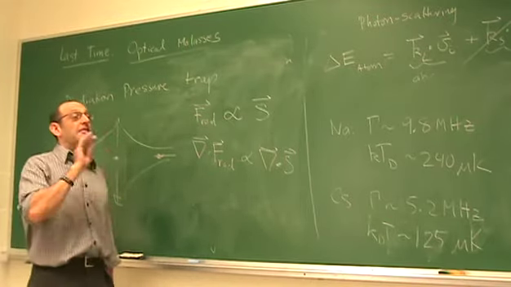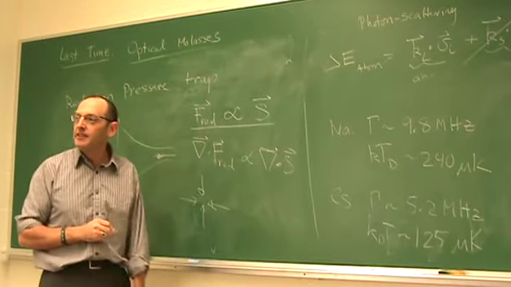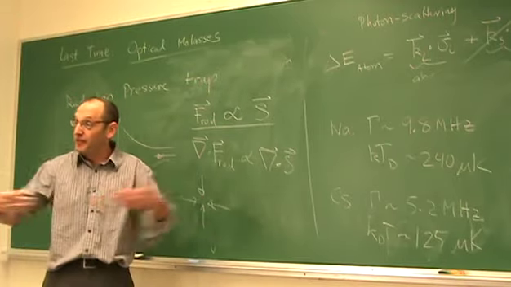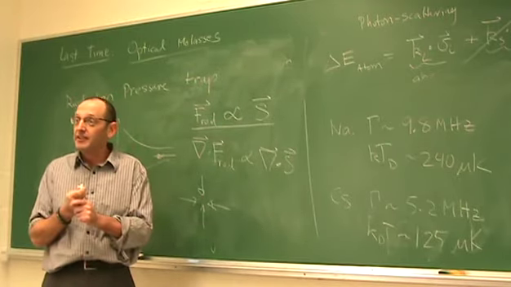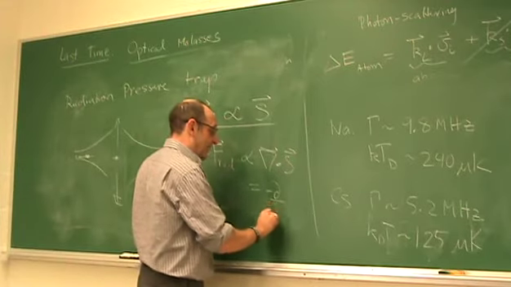You can see that because, in order to have a trap, what you need is that the force pushes in all directions. It must have a non-zero divergence. The divergence must be negative at the center of the trap, if I think about this as a 3D force field. The divergence of this force field is what? From Poynting's theorem, it's related to the change in the energy density.